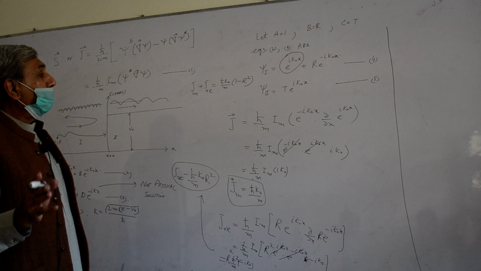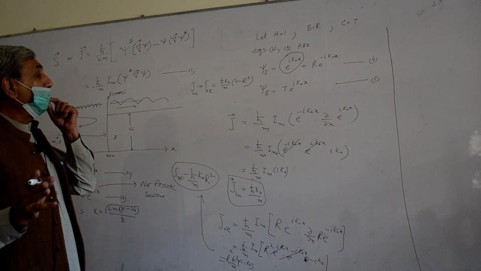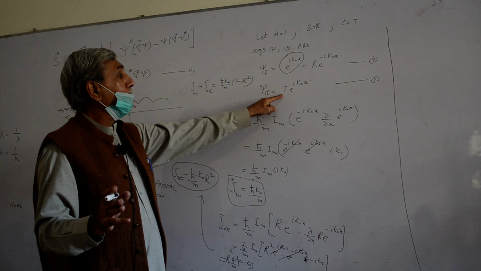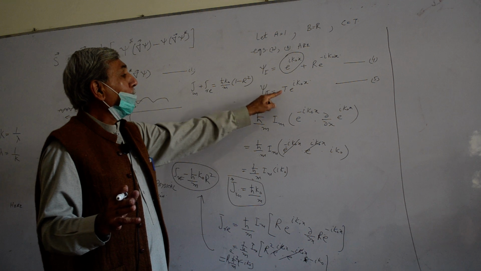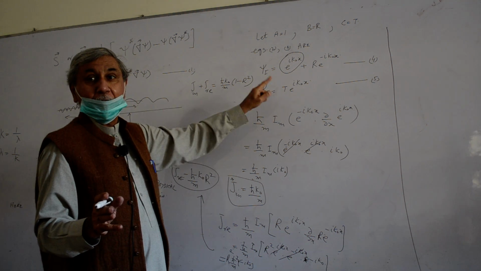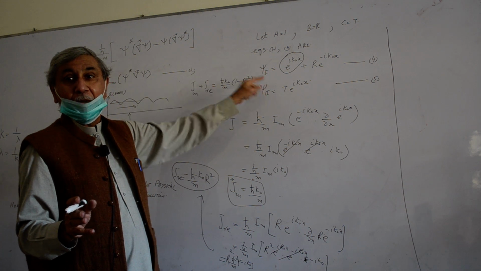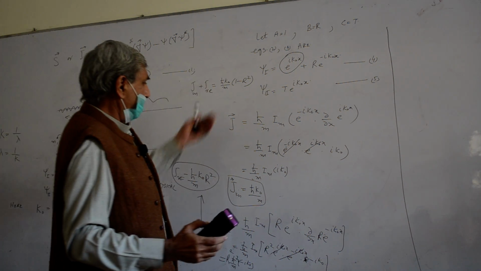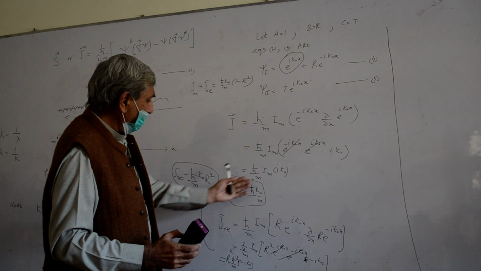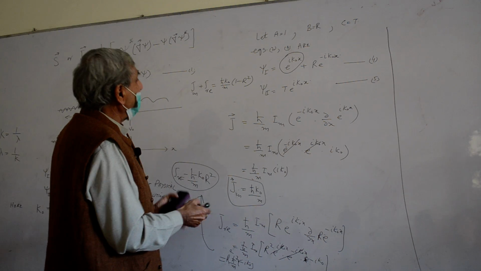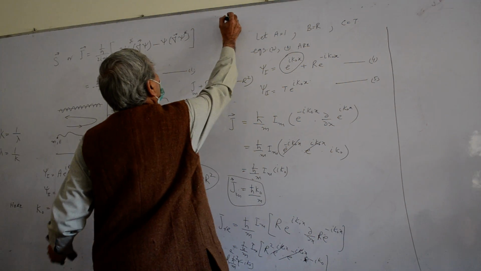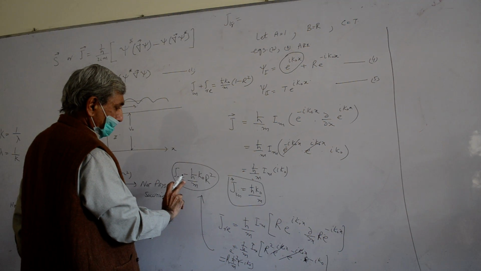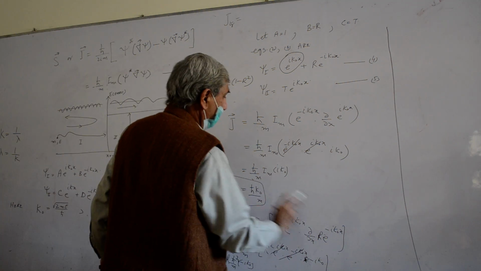Now, then I am going to ask, what is the probability current of transmission? Okay, so you will be using that. And then I don't need to calculate it, because from symmetry I can calculate it. Look, as I calculated this, I can say that J transmitted is equal to, look, this minus came because of that.